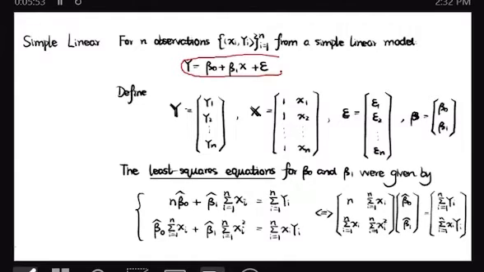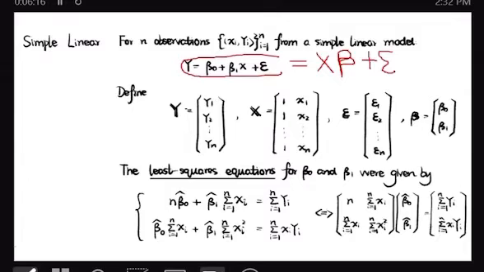Now, I'll show you how we can write that in matrix form. The specification right now is not in matrix form. If I want to write that in matrix form, I write X beta plus the error.